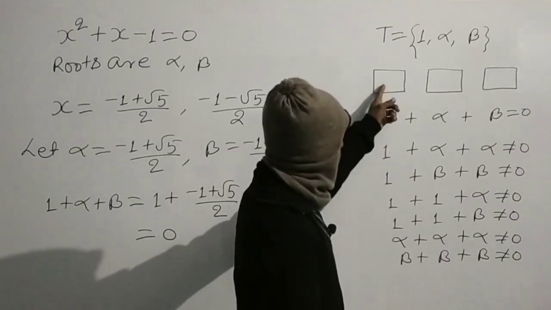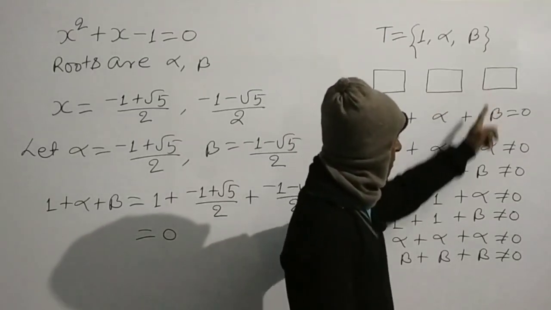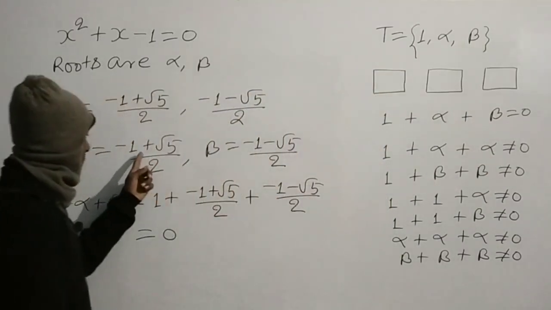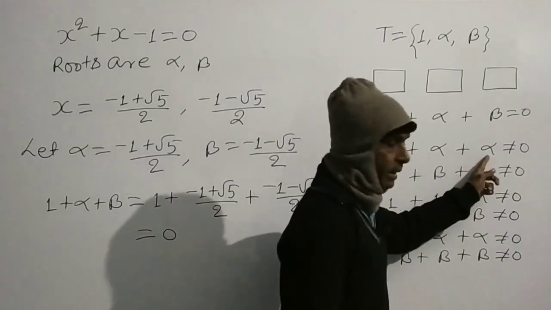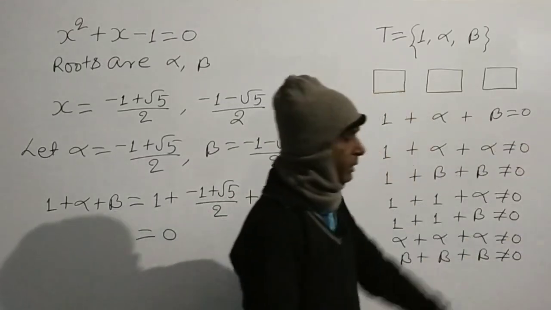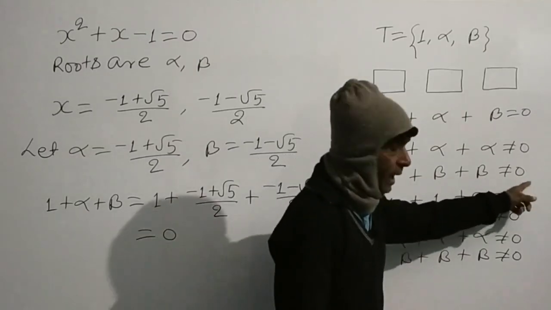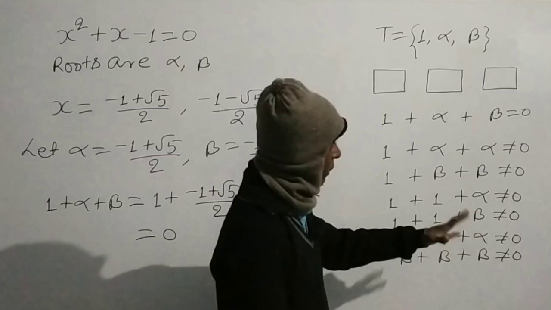But if we fill this place by 1, this place by alpha, this place by alpha, where alpha is equal to this, then the sum of these three numbers will not be equal to 0. Similarly, 1 plus beta cannot be equal to 0, and so on.